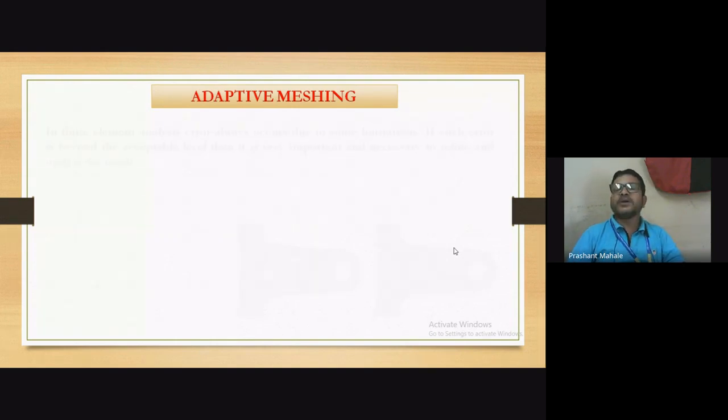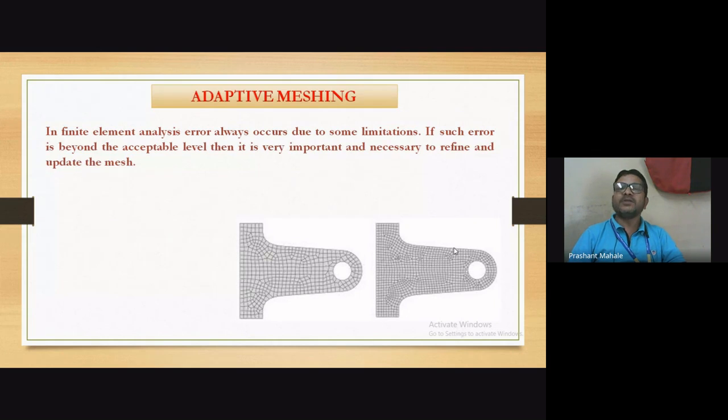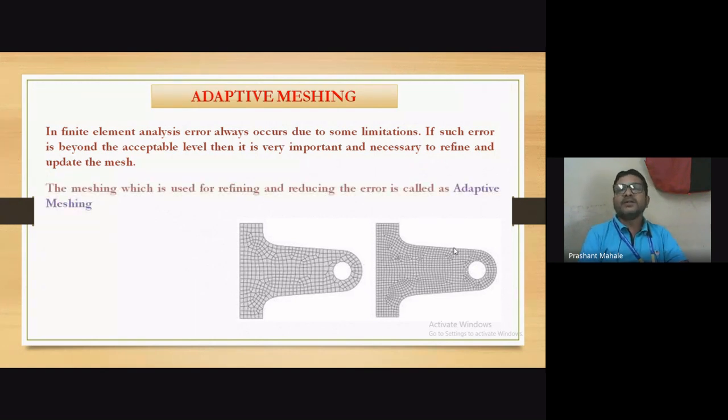So this is one of the terms. What is this adaptive meshing? In finite element analysis, error always occurs due to some limitations. If such error is beyond the acceptable level, then it is very important and necessary to refine and update the mesh which we are doing. The meshing which is used for refining and reducing the error is called adaptive meshing.